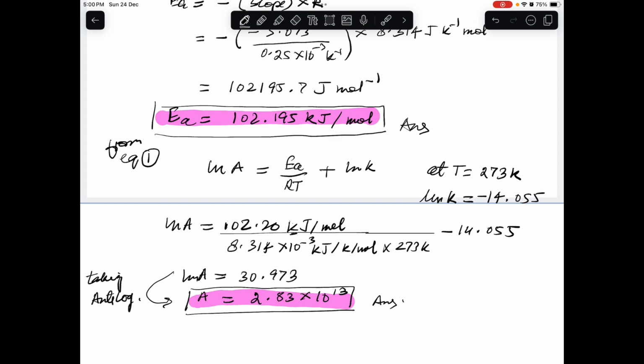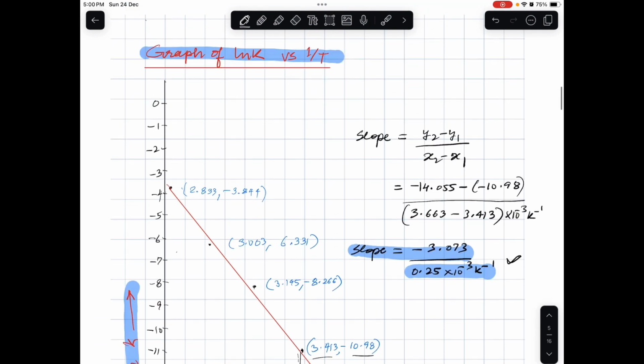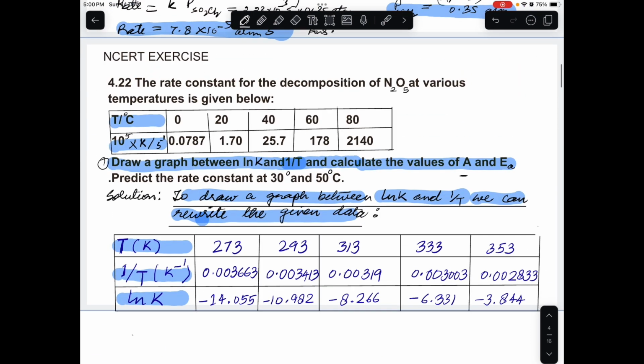Now the third part of our problem, we are left with one more. What is this? Predict the rate constant at 30 degrees Celsius and 50 degrees Celsius temperature.